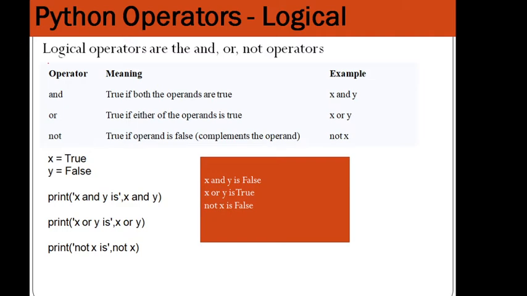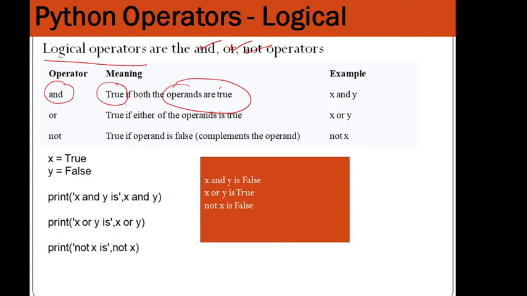Then we are coming to the logical operators. And in logical operators we have and, or, and not operators. And means if you have two equations, two comparison operators, and then you are looking at the answers corresponding to that. So this and will come true if both the operands are true.